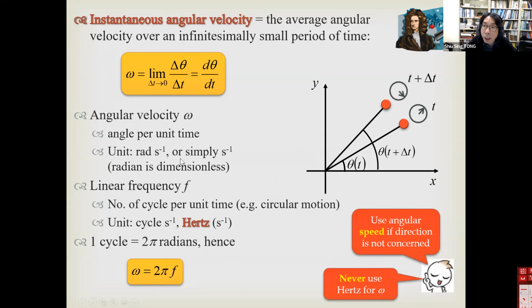Now for me, I prefer to write radian per second. There's no harm in writing it this way. It makes me remember that it is the angle per unit time. Okay, although radian itself does not carry any dimension, so you can skip this in your unit. But for me, I prefer to write it like this because it helps me remember that I'm calculating the angle per unit time. Okay.